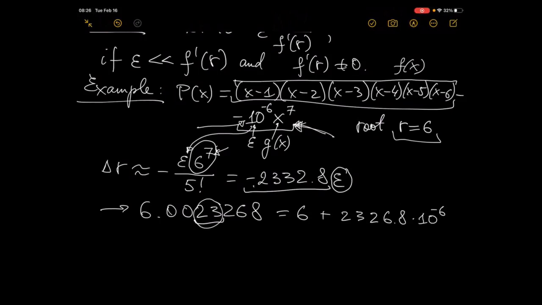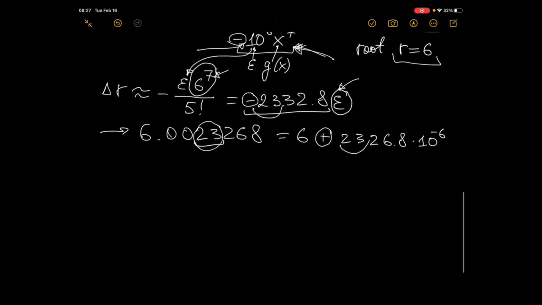Pay attention, we have a negative sign here, so we got a positive sign here, because epsilon is negative, so it will cancel with this sign. So as you can see, the first several digits of this distortion of the root are right.